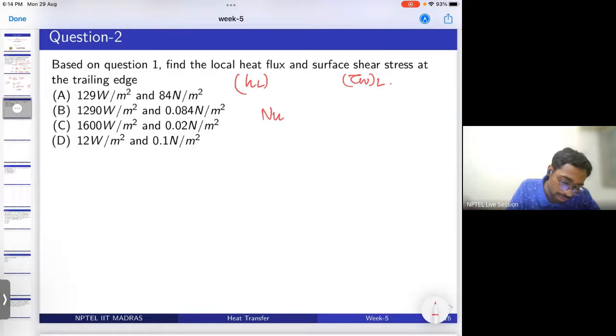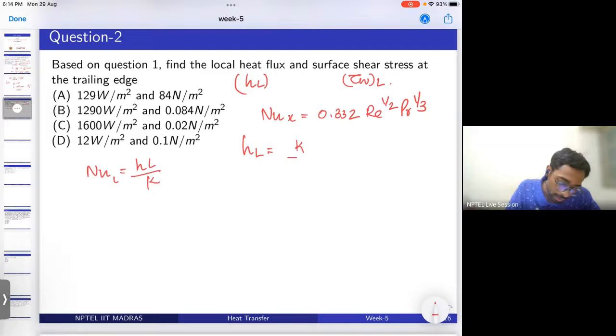From the heat transfer coefficient, the Nusselt number comes. So Nu at any x location is 0.332, Reynolds number raised to 1 by 2, Prandtl number raised to 1 by 3, right? When the Nusselt number is equal to HL by K, if you rearrange it, HL is equal to K by L into 0.332, Reynolds number raised to half, Prandtl number raised to 1 by 3.